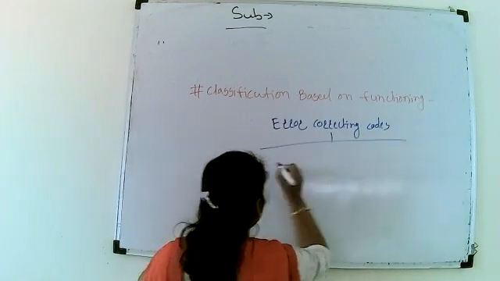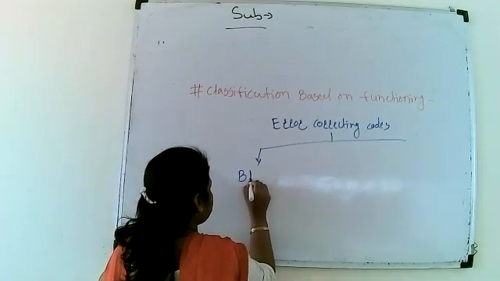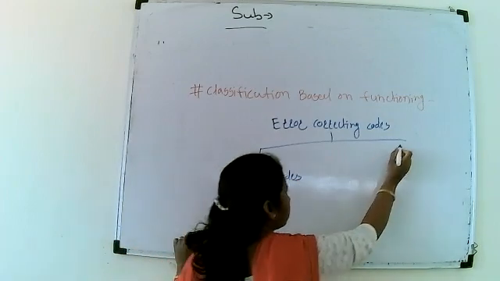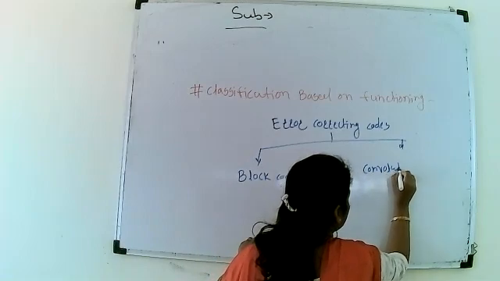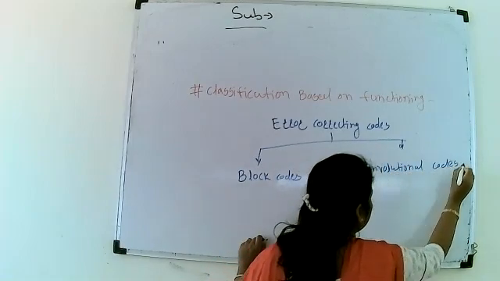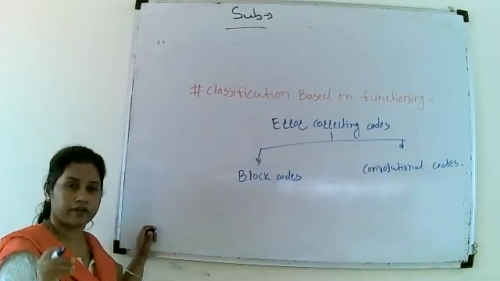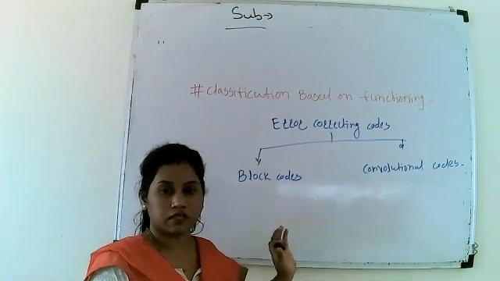The two types are block codes and convolutional codes. On the basis of functioning, we have two types: block codes and convolutional codes.